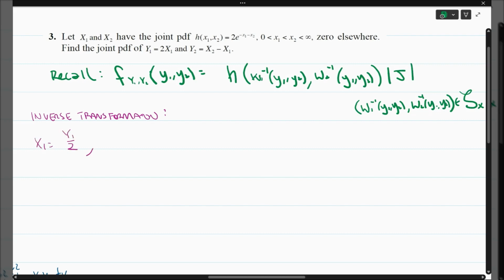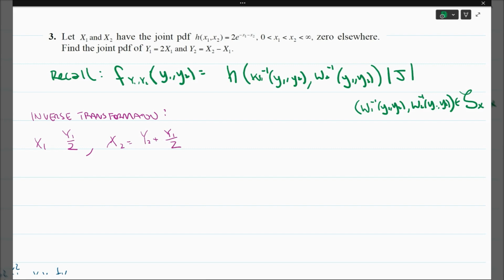Whether you're doing a univariate or a bivariate transformation, you're always solving for the old variable as a function of the new variable.